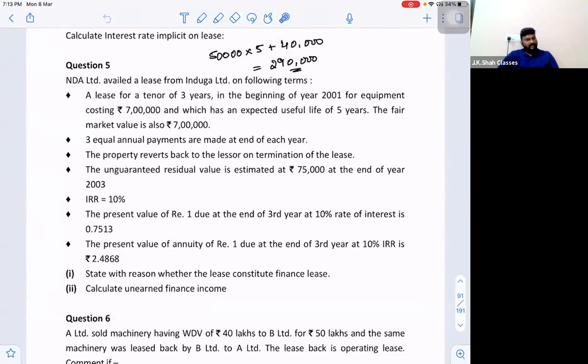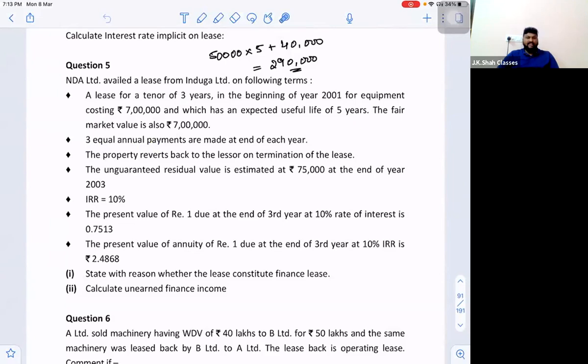Correct? Okay. I'm repeating. 3 years is the term of the lease, and life of asset is 5 years. So technically 60% of the life of the asset is covered by the lease term. Okay. 3 equal annual payment.